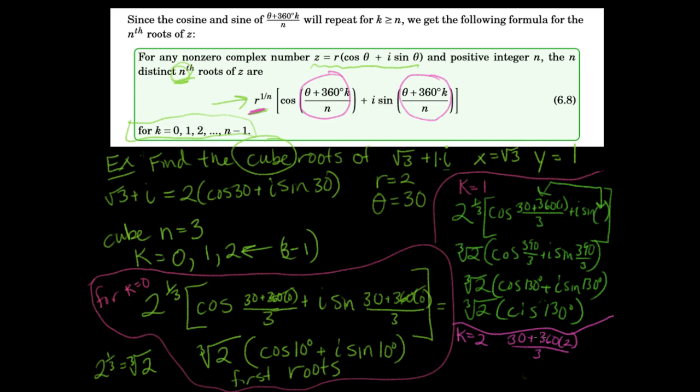If we calculate that, I believe it's 250 degrees. So I can just say that the cube root is equal to cis of 250 degrees. So this was the second root that we found, and this is the third root of this complex number.